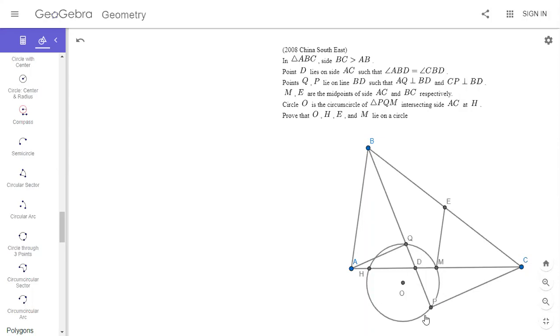Okay. That means that D lies on the polar of B. I'm not sure how much that helps. Yeah, interesting. I'll keep thinking about that.